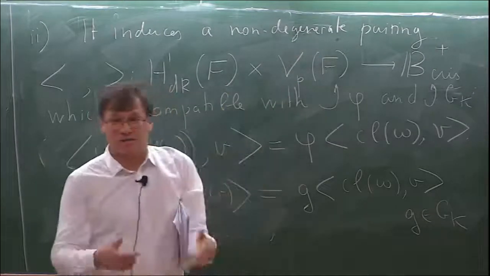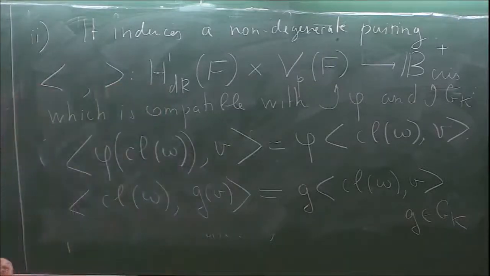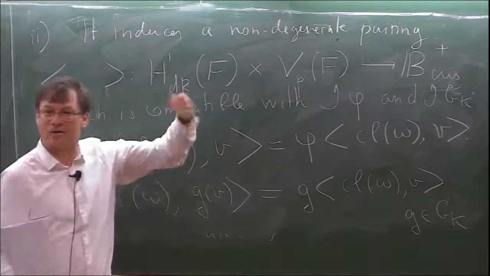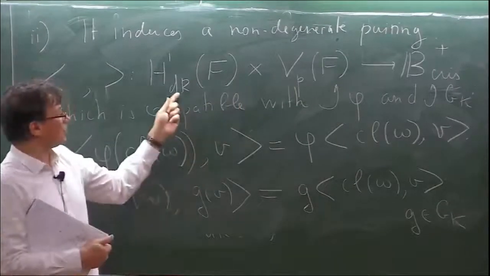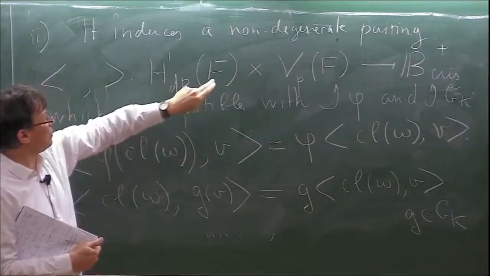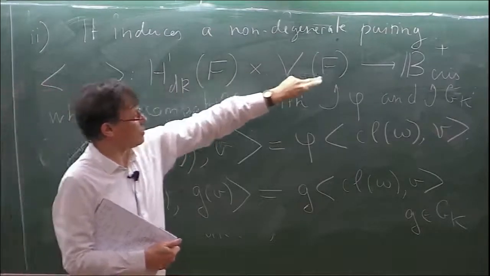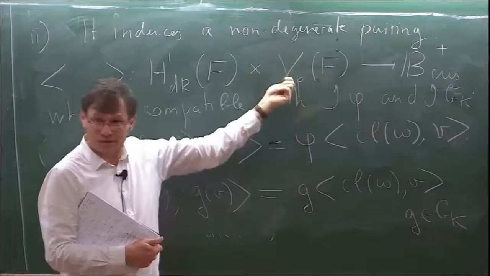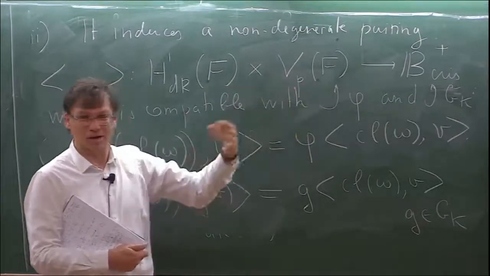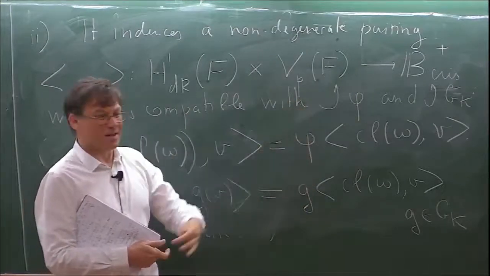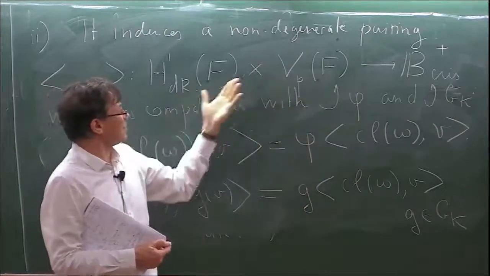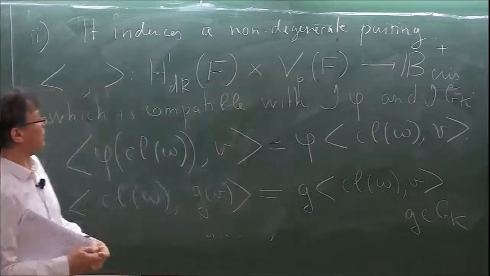By general formalism, the periods of dual objects are given by the inverse matrices. So the product of the matrix of periods of F and the matrix of periods of the dual object is a matrix of a Tate motif, which is invertible. So this gives the non-degeneracy of the pairing.